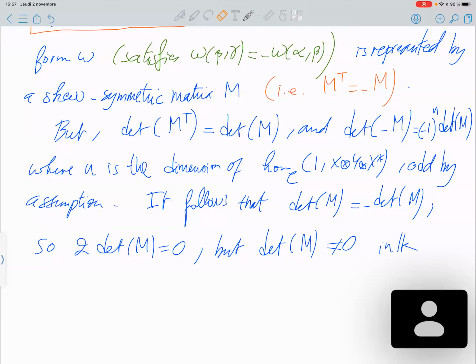So the non-degeneracy assumption is exactly saying that the determinant is non-zero.